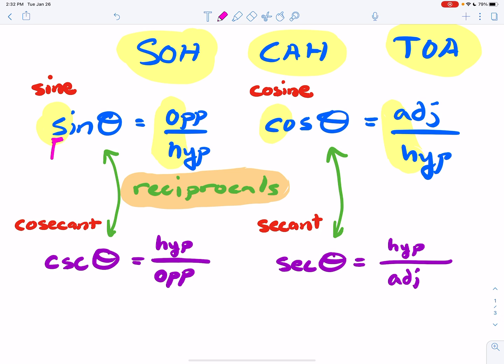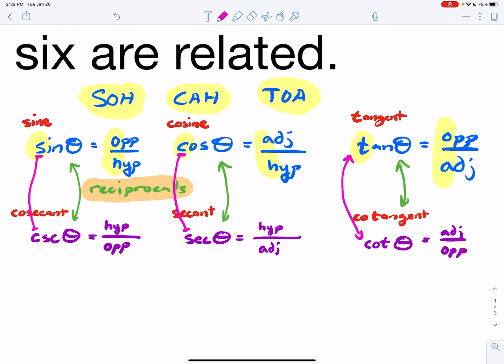S pairs up with a C, and a C pairs up with an S. You have one of each. So, for instance, if you're thinking sine, the reciprocal is not going to be secant because that's S and S, so you know that it has to be cosecant.